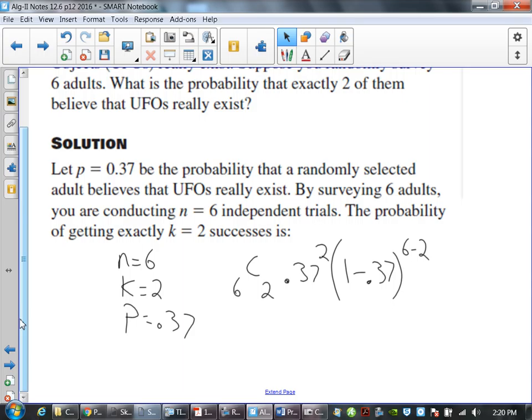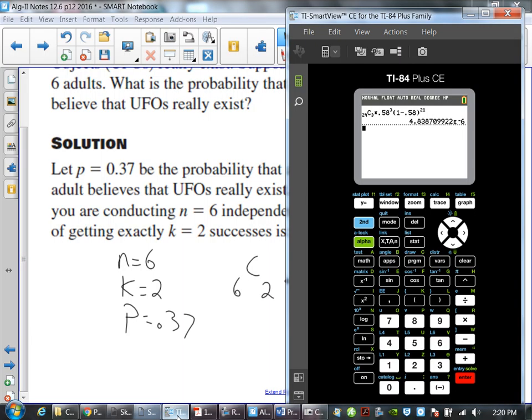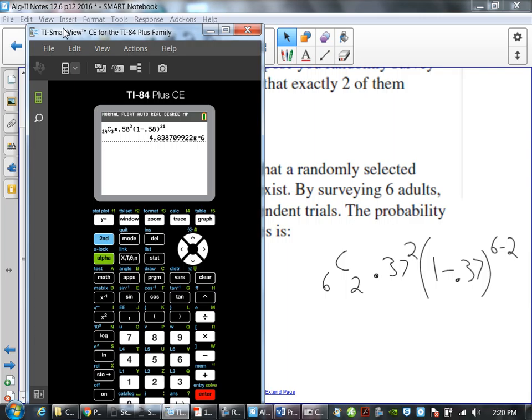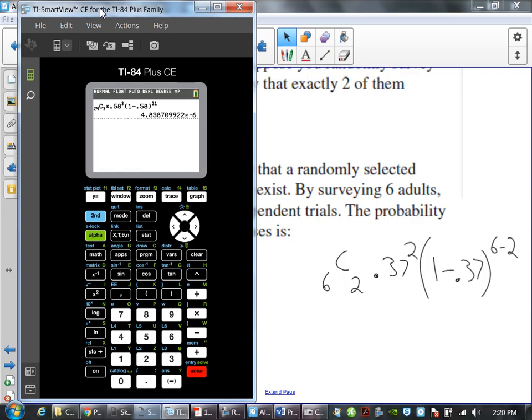Let me show you this little trick then, what happens. So if I do this one, it's 6 choose 2, 0.37 squared, parentheses, 1 minus 0.37 to the 4th.